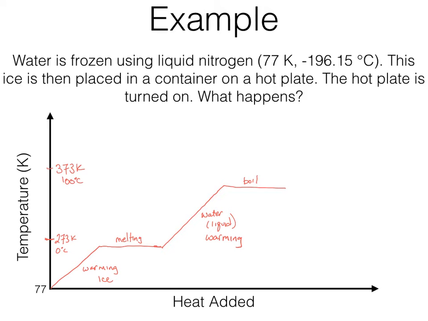And while that water is boiling, as we add heat, no temperature change happens. Eventually, if we are in a sealed container, we will have converted all of that liquid water to gaseous water, and then adding heat can again warm the gas.